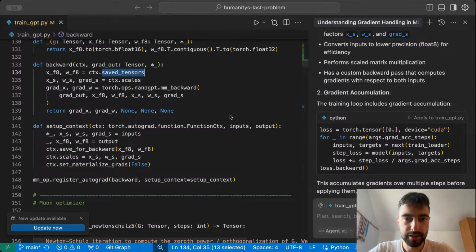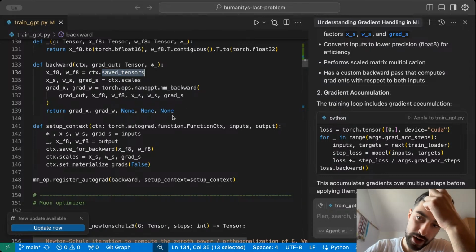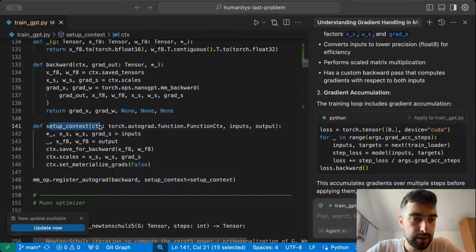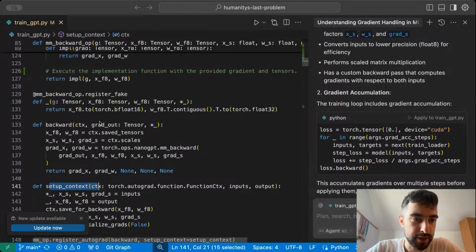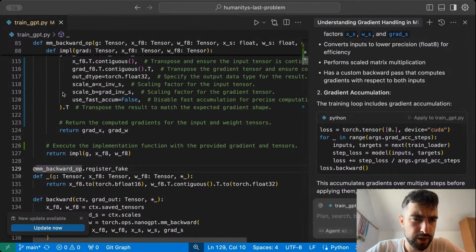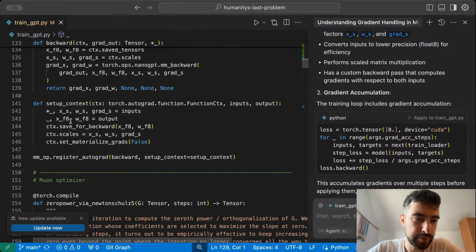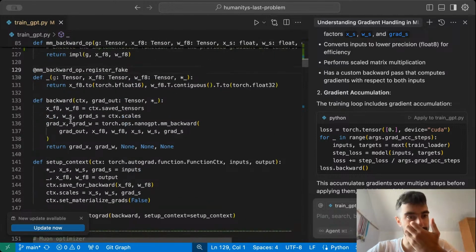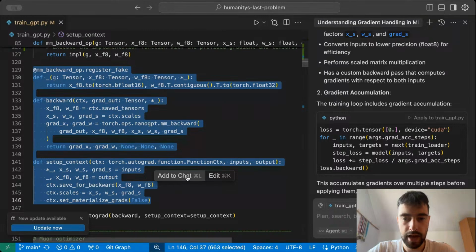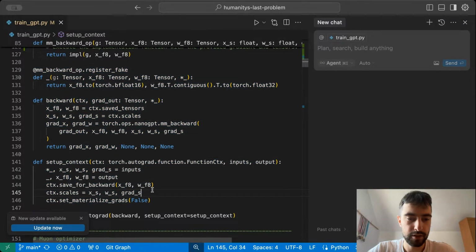Let's start. Let's continue. Where were we? Okay, let me see this function. Backward up. I'll go ahead and ask ChatGPT to explain this. Okay, I'm gonna start a new chat.